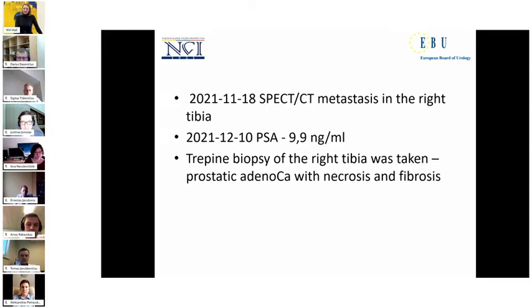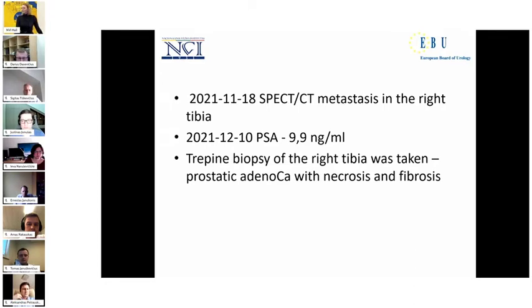The patient is on ADT, androgen deprivation therapy. And this year, in January, a trephine biopsy of the right tibia was taken. What came back was a prostatic adenocarcinoma with necrosis and fibrosis.